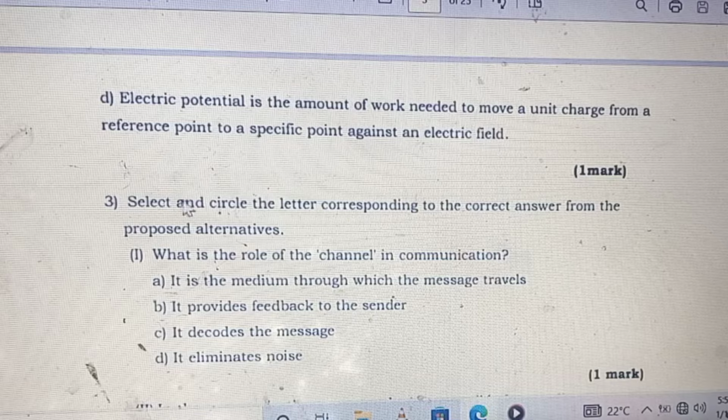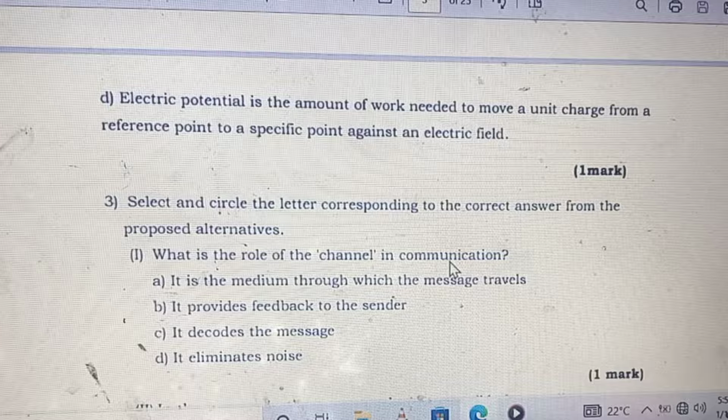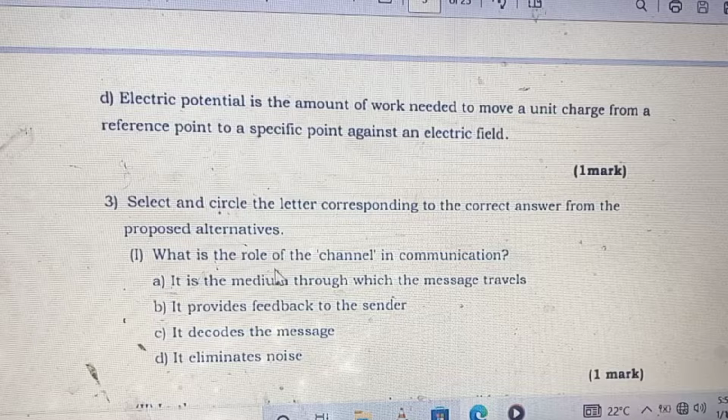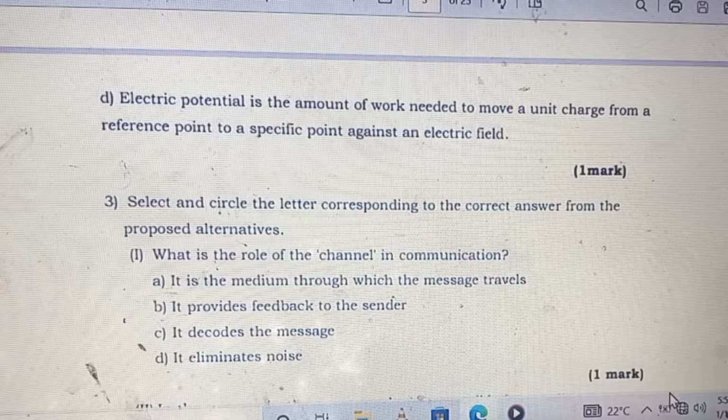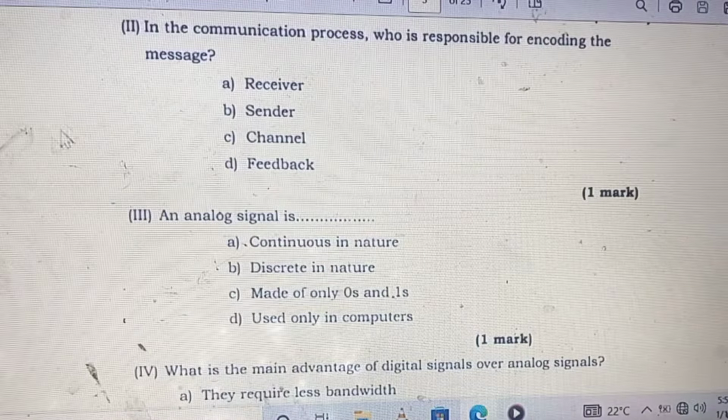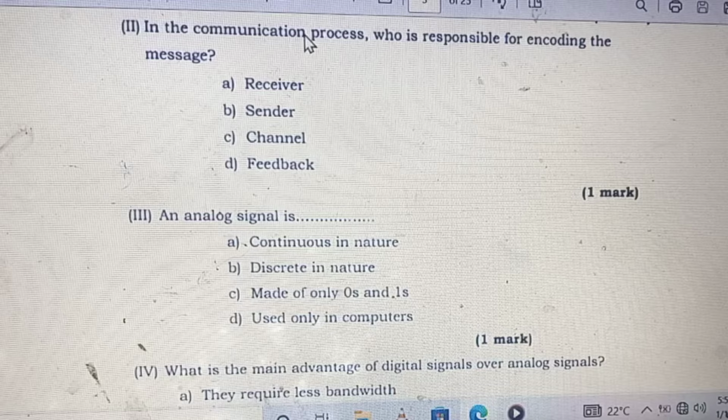Question 3. Select and circle the letter corresponding to the correct answer from the proposed alternatives. I. What is the role of a channel in communication? The correct answer is letter A. It is the medium through which the message travels. II. In the communication process, who is responsible for encoding the message?